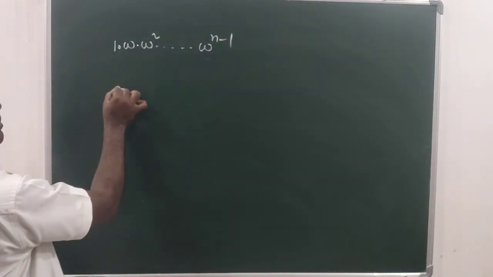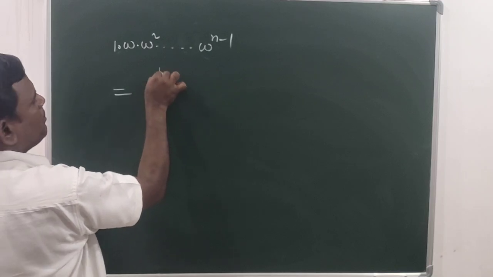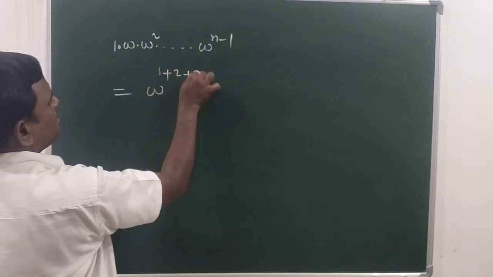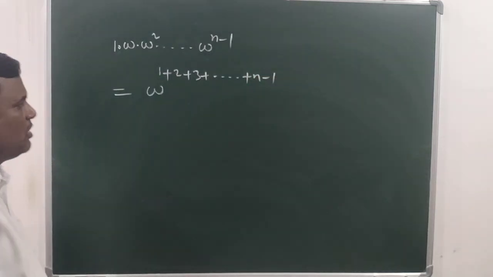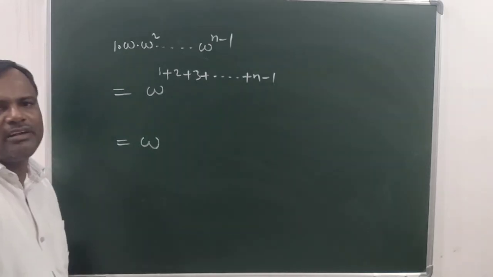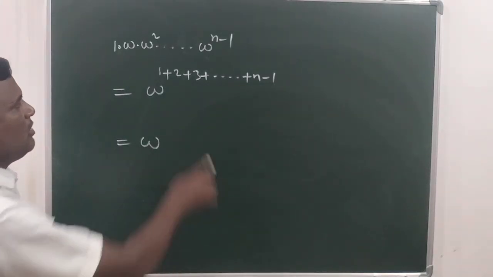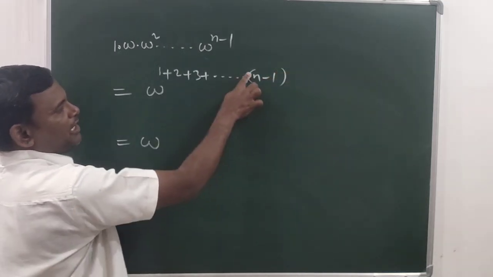Now if you take this product, you will get omega power 1 plus 2 plus 3 and so on up to n minus 1. So here, in omega power, what have you got? The sum of the first n minus 1 natural numbers. Am I right, students?